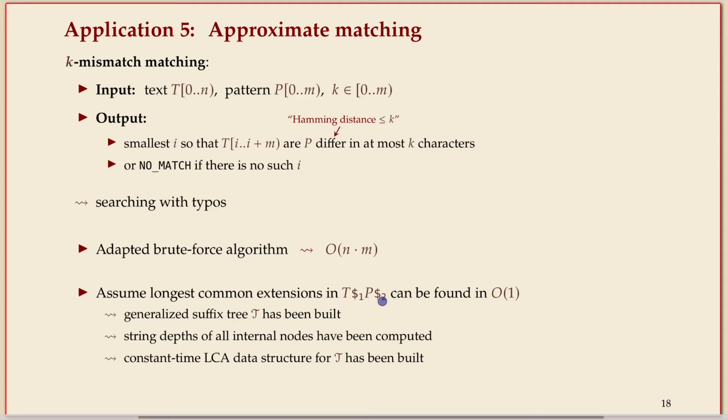Let's just try the same again, and pre-process this string for the longest common extension queries. So we can do this by building the generalized suffix tree, computing the string depths, and then pre-processing that tree for LCAs. But that's unwrapping the first layer of the black box. You might ignore that part if you want. So we'll try to use LCEs in this one.